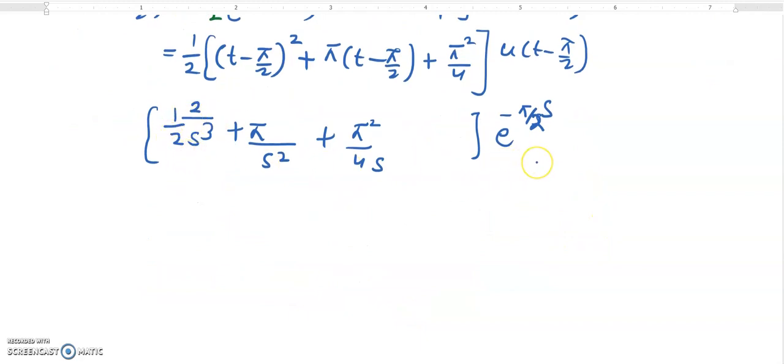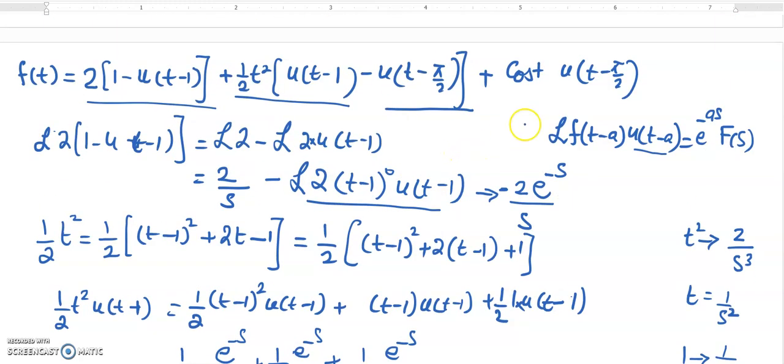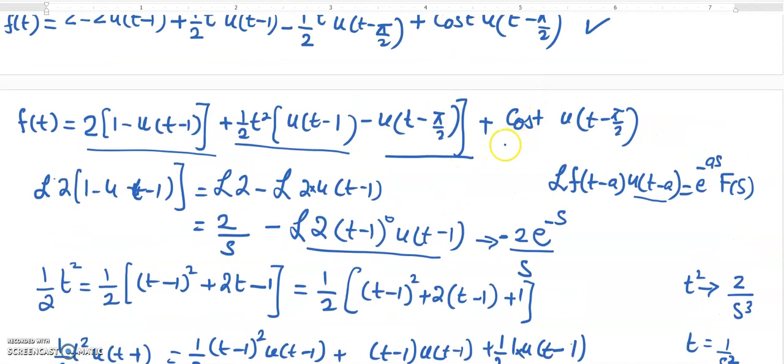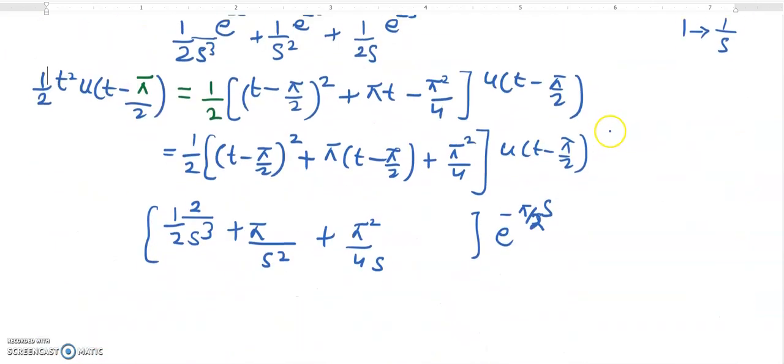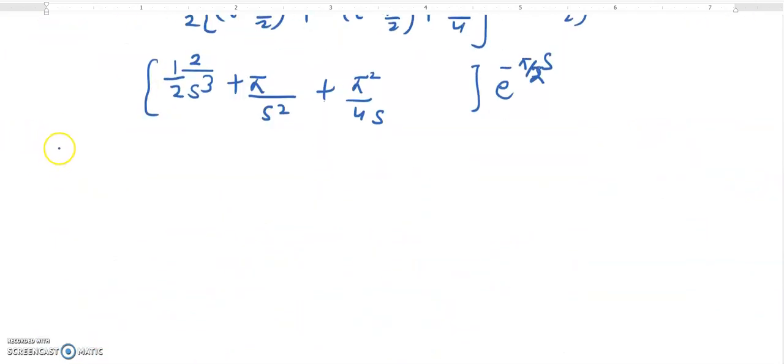Okay, so this is the Laplace transform of this term, and the next term is here, this one: cosine t times u(t minus pi by 2). So cosine t has to be written in terms of t minus pi by 2. Okay, so what is cosine t equal to in terms of t minus pi by 2?